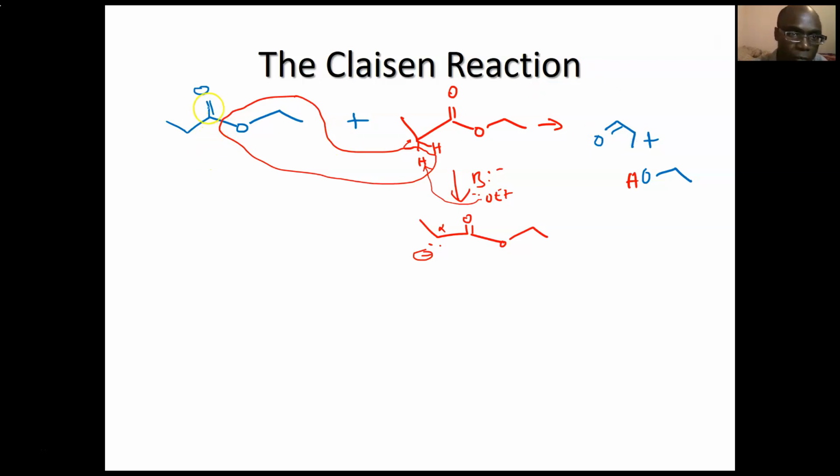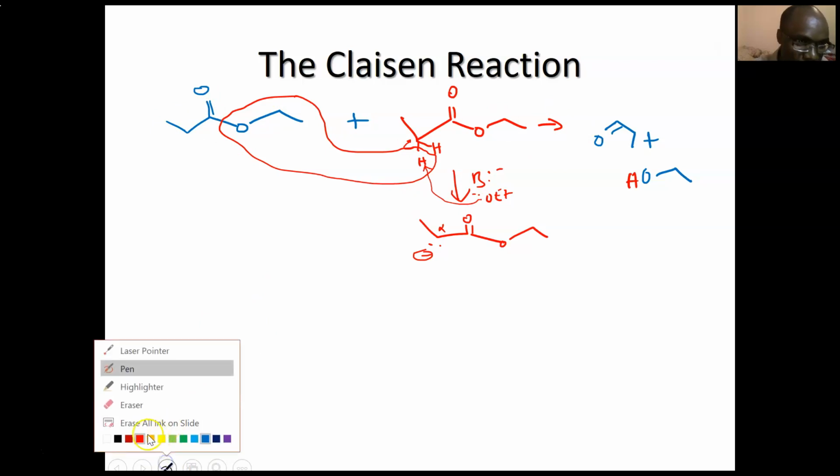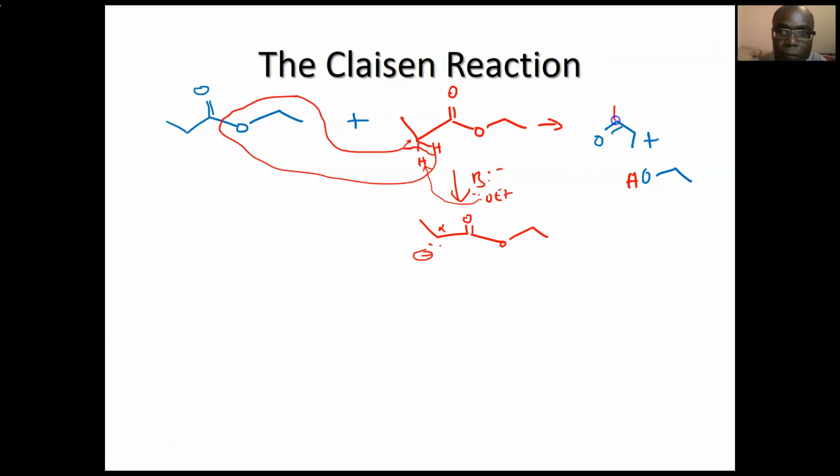So I know the one in blue now has only 3 carbons, and those 3 carbons are joined onto the alpha carbon of the nucleophile from this ester. This used to be my alpha carbon. I still have 1 hydrogen. I only lost one. So this will be our product. Whichever way you draw it, so long as you have the right structures there, you should be fine.